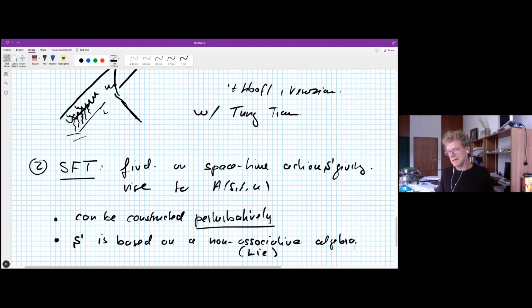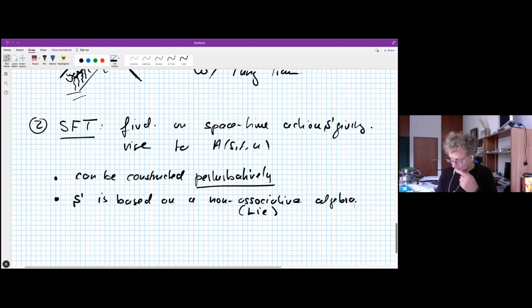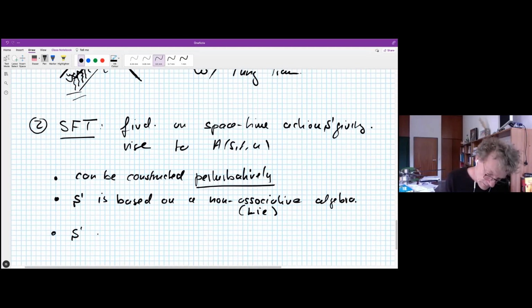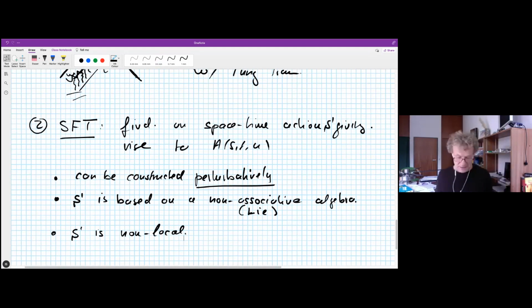Phi-4 theory is phi times phi times phi. And it doesn't matter whether first you multiply the first two phi's and then you multiply the third, or the other way around. In string theory it matters. So it's just the way it is. Then the action is non-local in a very specific way.